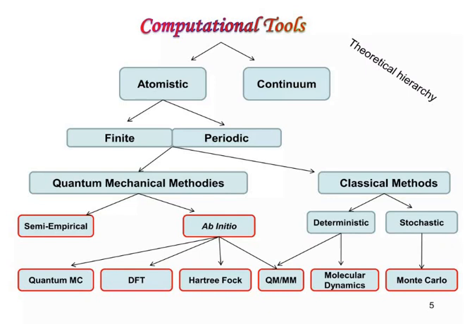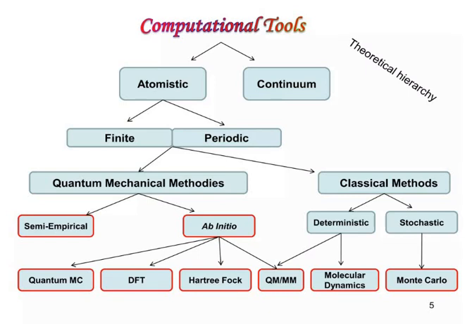So, computational tools, that is the theoretical hierarchy. Atomistic and continuum. In atomistic, you have finite and periodic. You have also the quantum mechanical methods and classical methods. Classical methods: deterministic and stochastic.